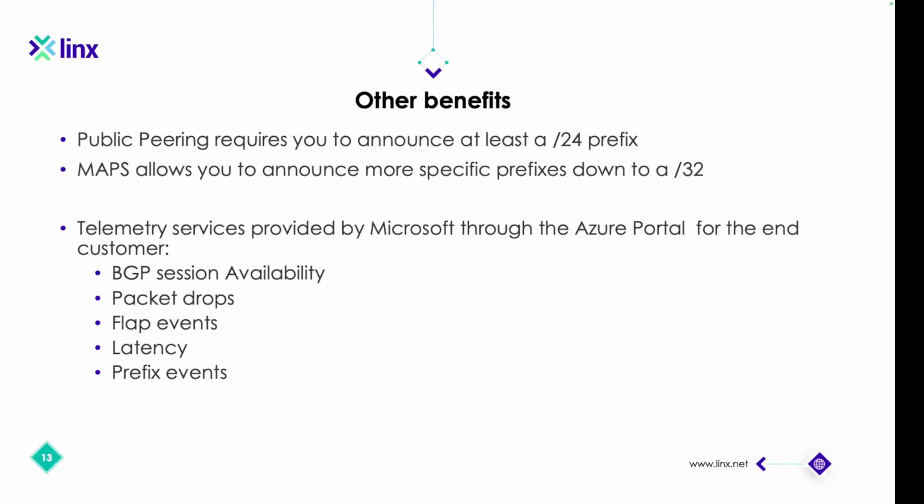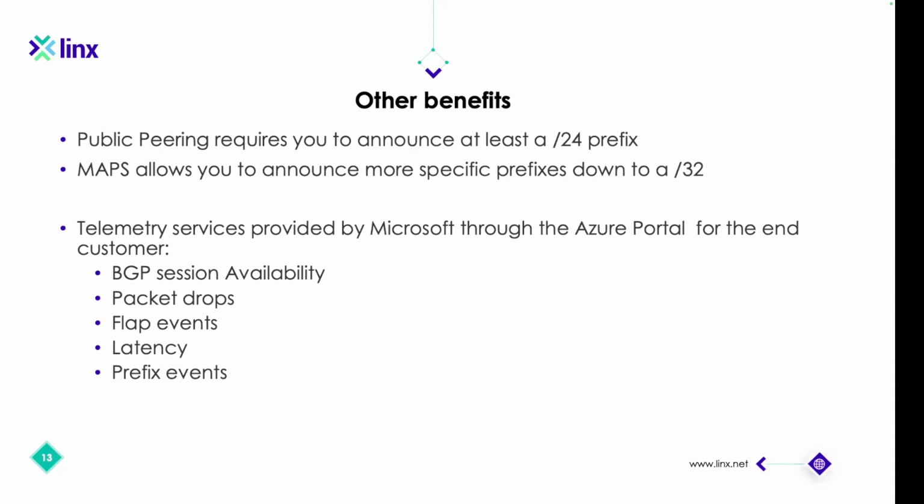The only situation where it is a requirement, if you want to announce prefixes that are smaller than /24, you have to register those prefixes in the Azure portal. So what happens is when we set the service up, we set your ASN up on the Azure portal linked to the MAPS service, and that basically generates a prefix key that you then can use to log into the portal and register your prefixes against that key.